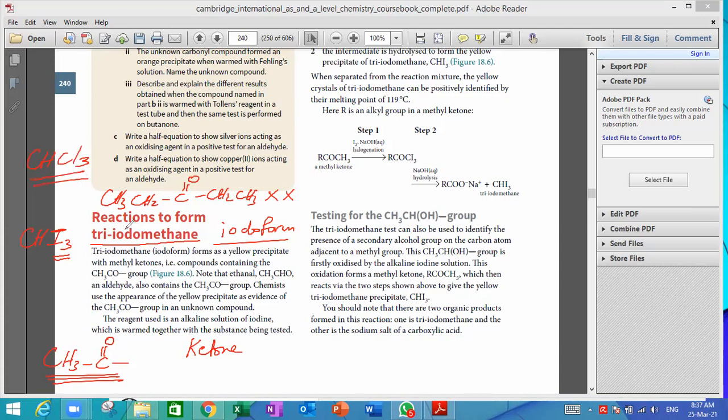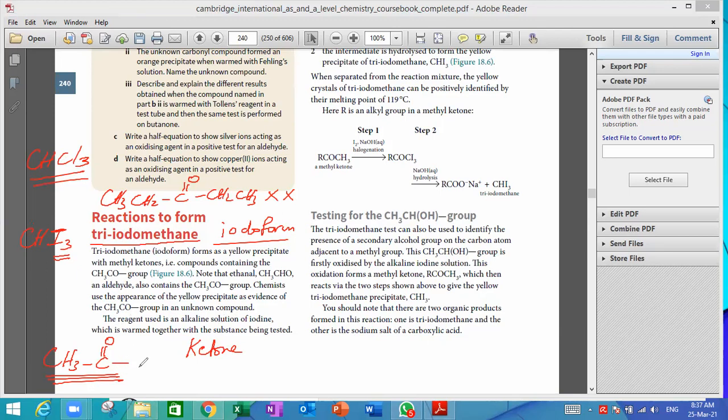Chloroform is used to make animals sleep when you are doing dissection. This is similar, but using iodine instead of chlorine, so we call it iodoform, or else we call it the triiodomethane test.